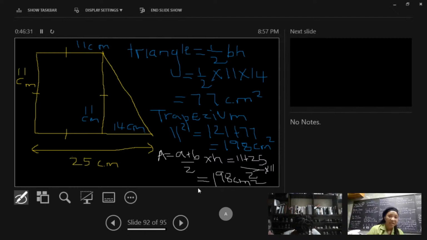If they try to trick you and give you measurements that you don't need, especially the slant, the oblique side, you don't need it. Just ignore it. Miss, some students feel like if a measurement is given, they have to find something to do with it.